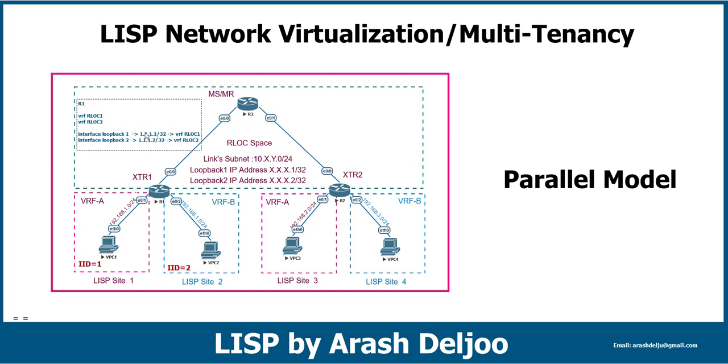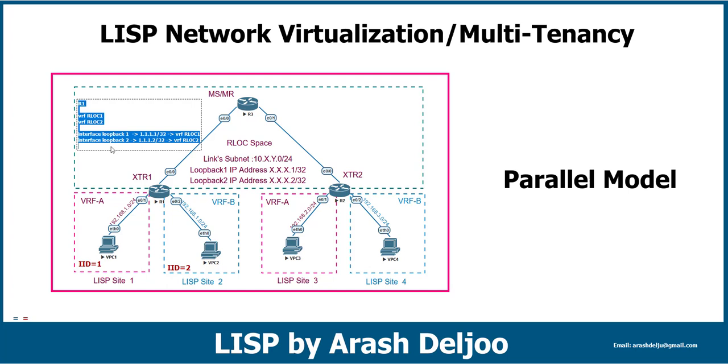I'm going to use the quad 1 for VRF A as the RLOC address space, and loopback 2 for VRF B. In the previous scenario, the shared model, we used only one RLOC for all of the VRFs, but now I'm going to use different RLOCs for different VRFs.